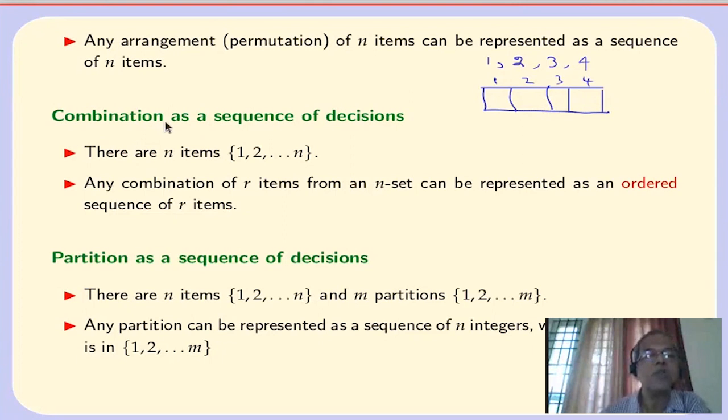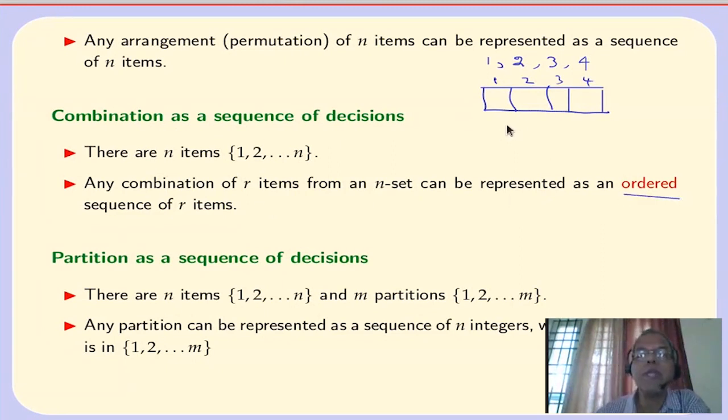Similarly, a combination is also a combinatorial structure. A combination can also be represented as a sequence of decisions. There are n items, 1, 2, 3, and so on, n. Any combination of r items from an n set can be represented as a sequence of r items, only that here it should be ordered.